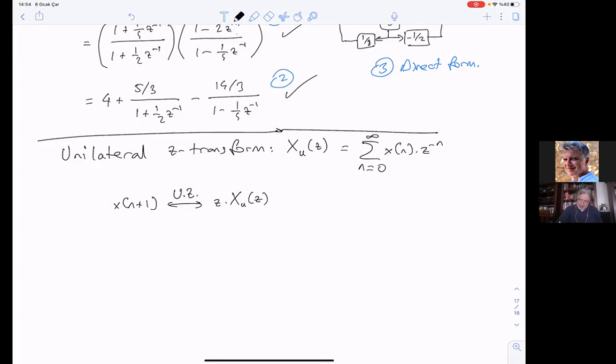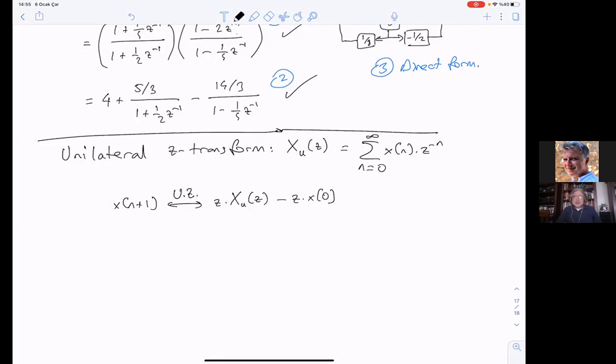But since it's the unilateral Z transform, now I must have the initial condition, that is z times x of 0, the initial condition at n equal to 0. That pretty much resembles what happens in the derivative expressions of unilateral Laplace transforms.